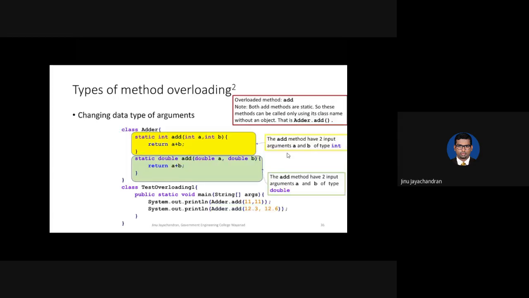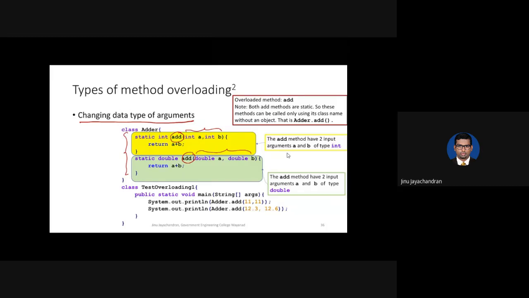Let's see another one, changing the data type of arguments. Same code, no difference, except that these two have the same function names, add and add, and the number of input arguments is also the same. Now the question is, how will the Java compiler know which function to call, because both have the same name and the same number of arguments?